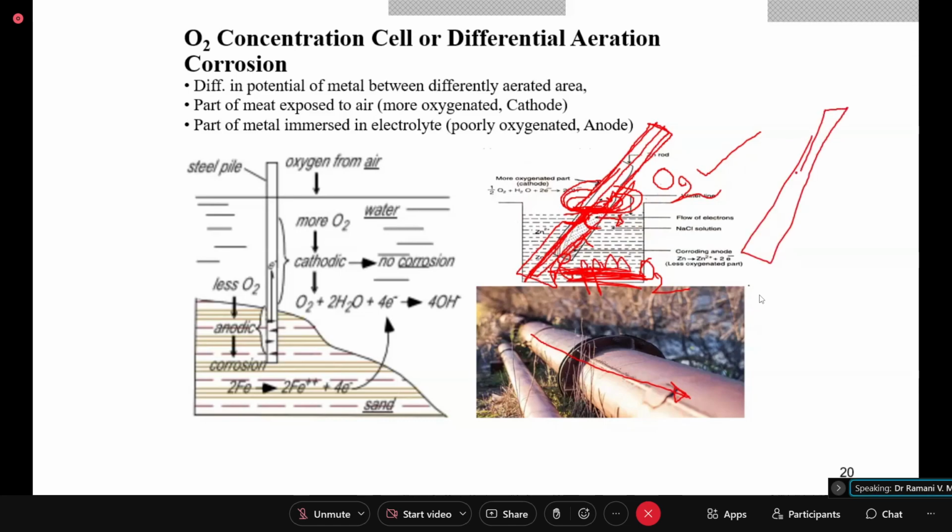So this part of the metal is now lost, and what is depositing is at the surface. So you will find that the corrosion takes place just at the water line, okay, because of the formation of a differential aeration cell or oxygen concentration cell.